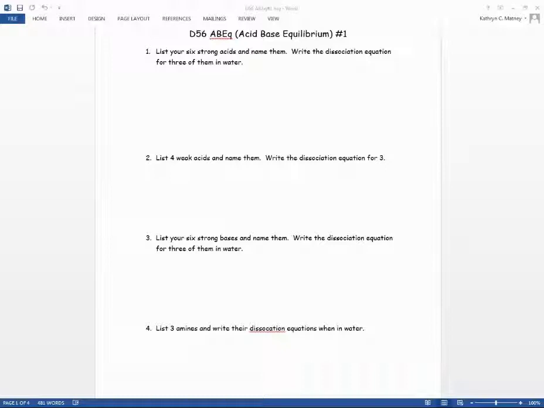Mariah, what's another weak acid that you came up with? HF. Hydrofluoric acid. Kelsey, what's another weak acid you came up with? Okay, chromic acid, good. H2CrO4, good. Ira, what's another weak acid you came up with? H2CO3, good.